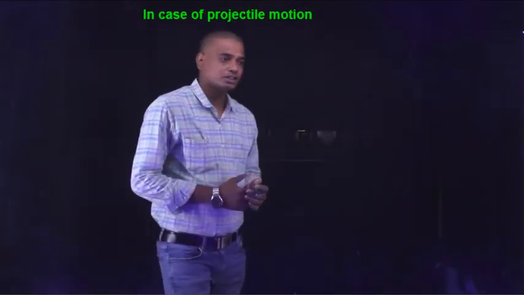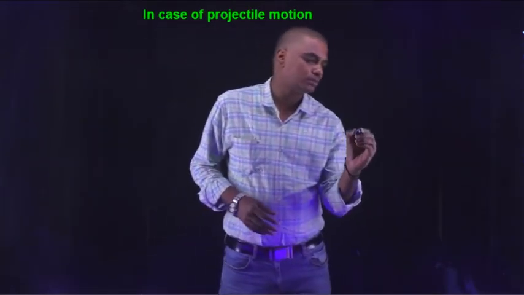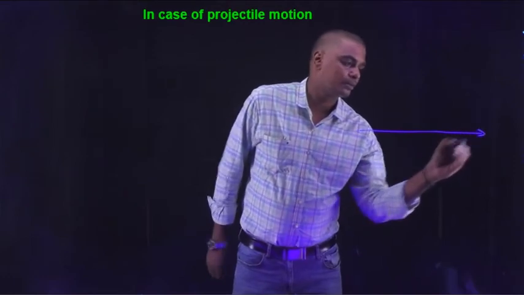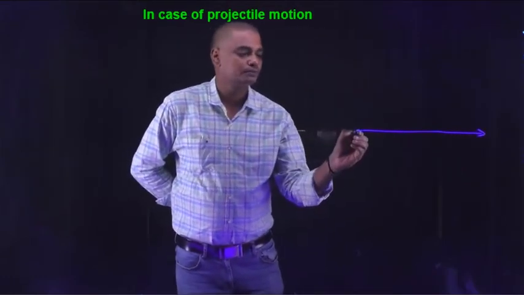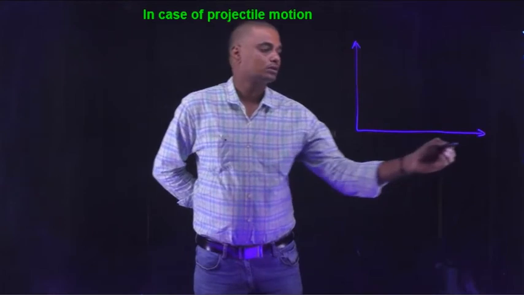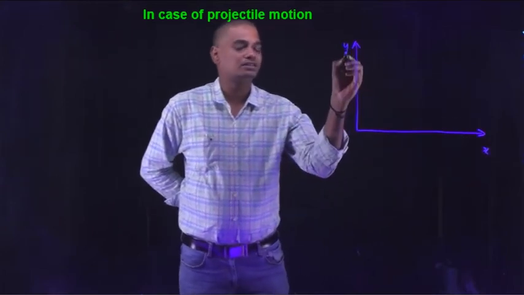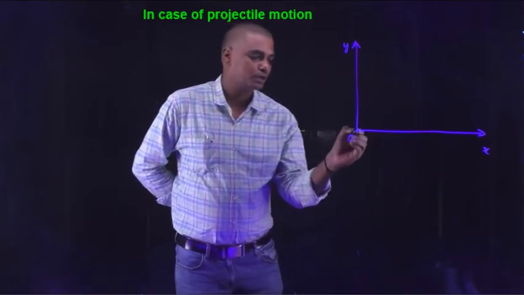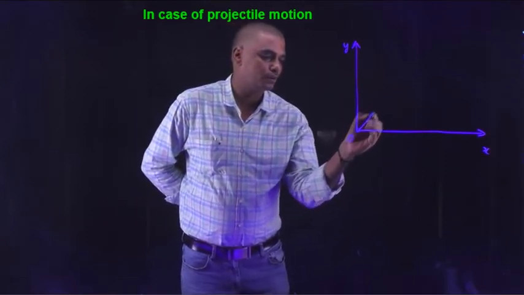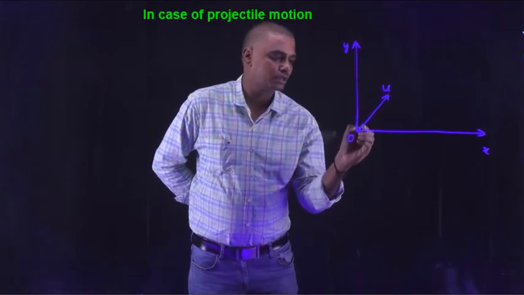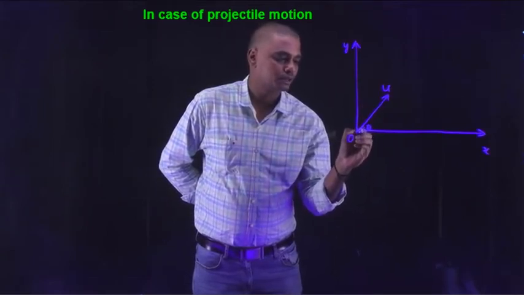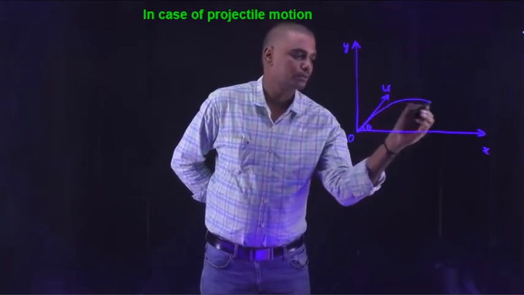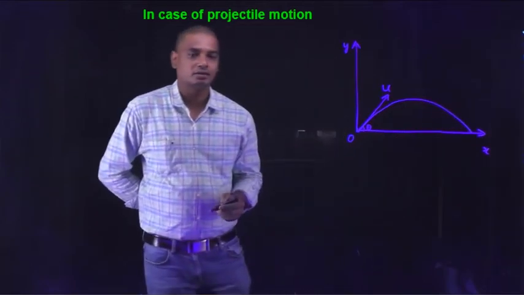Okay, students, now let us calculate the change in momentum in case of a projectile motion. As we studied projectile motion in our last chapter, the kinematics or motion in a plane, consider an x-axis and a y-axis, and this is the point of origin O. From this point, if we throw a ball or a body with a velocity u making an angle theta, then the path of the projectile is a parabola.